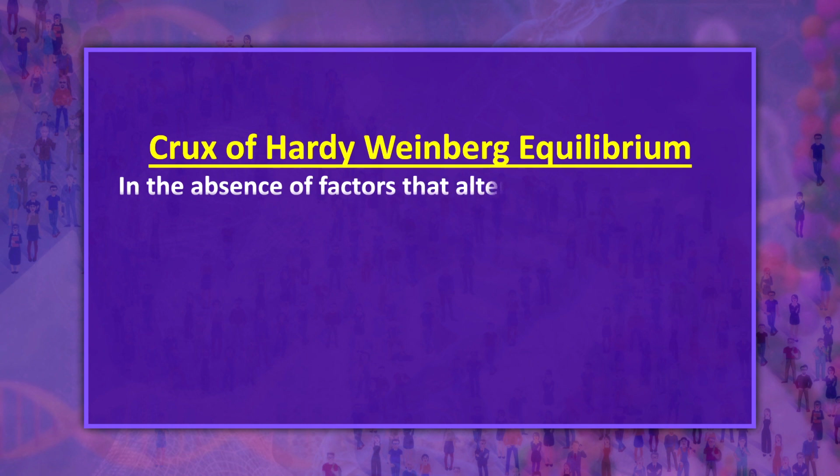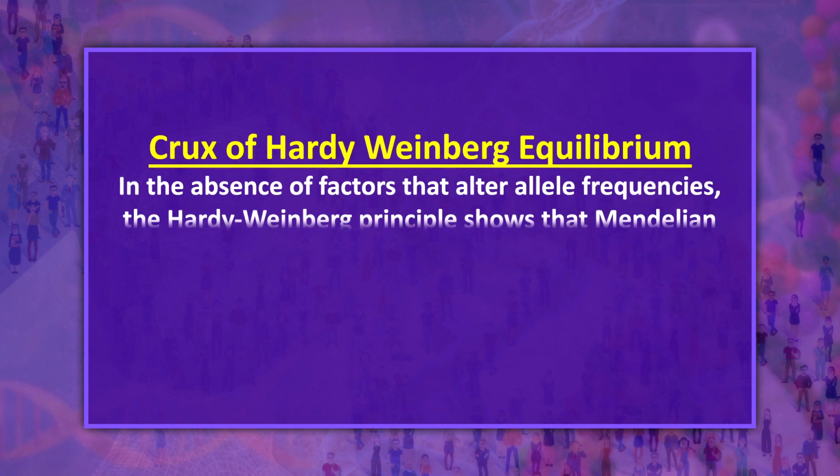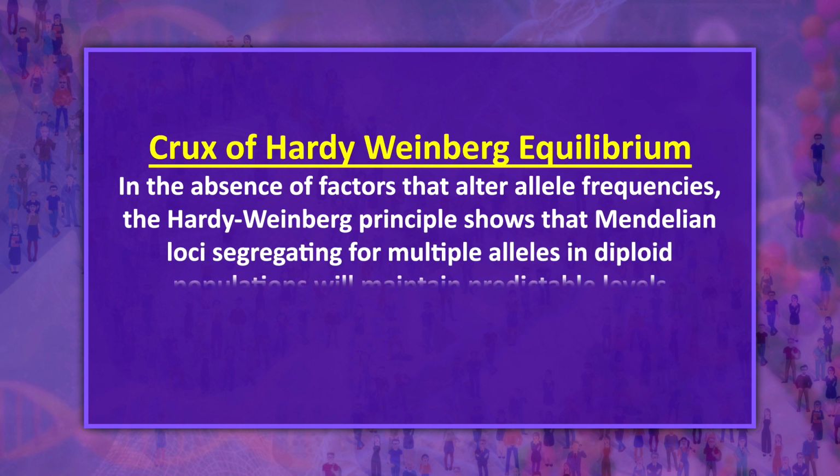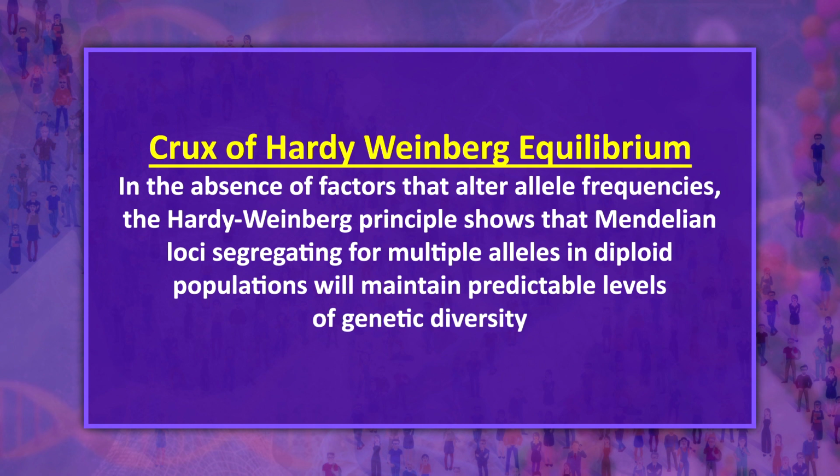In the absence of factors that alter allele frequencies, the Hardy-Weinberg principle shows that Mendelian loci segregating for multiple alleles in diploid populations will maintain predictable levels of genetic diversity. This describes how a population can remain at genetic equilibrium, referred to as the Hardy-Weinberg equilibrium.